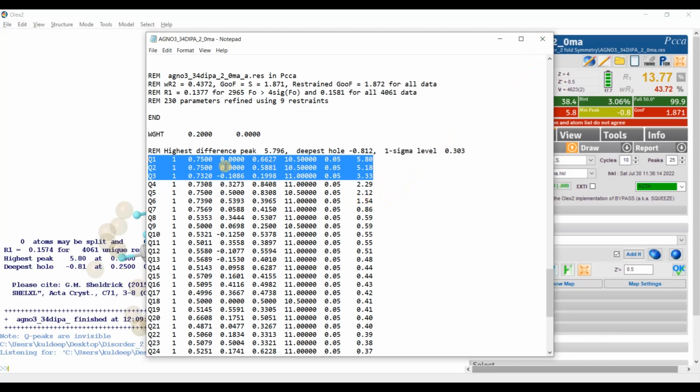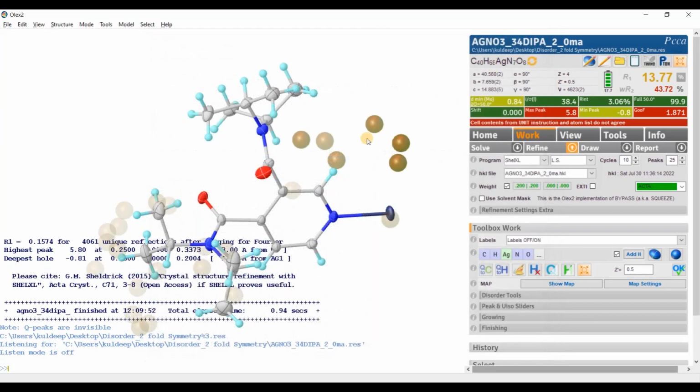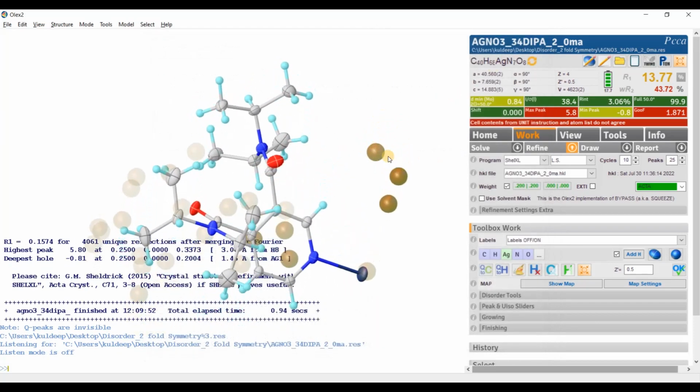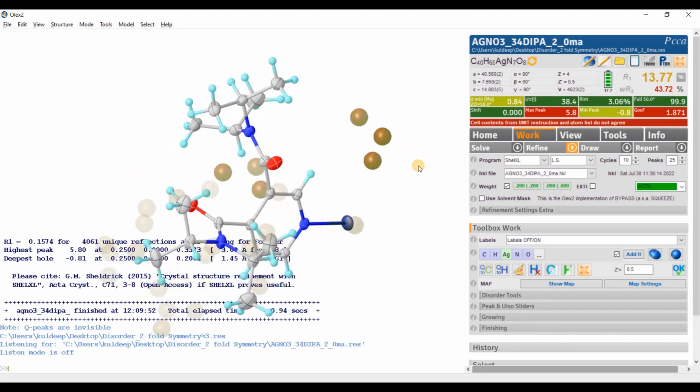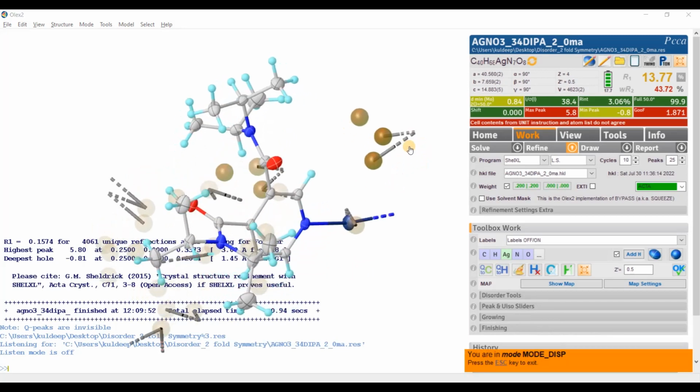So where are these three peaks? If you closely look at these three peaks first, you can find that two peaks are only half occupied. They are on the special position and the remaining, third peak is on the general position. So these are peaks Q1, Q2 and Q3. If I press Ctrl G on my keyboard, it will grow like this and I'm just going to press this.